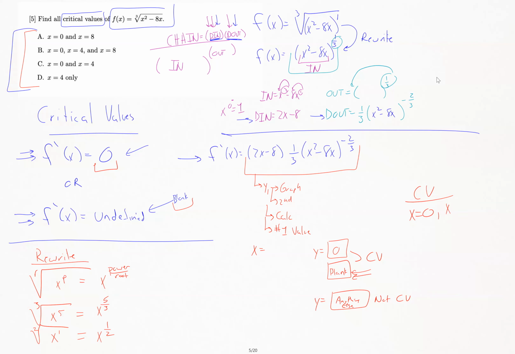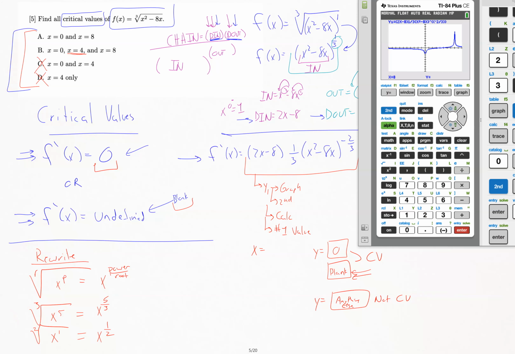So I know x equals 8 is also a critical value, which tells me right now that I know for sure the answer is not in C, and I know for sure the answer is not in D. So the only possible answer left that could work would be answer B, that has x equals 4 as also a critical value. So we'll go check that last value and see if that gives us what we need.